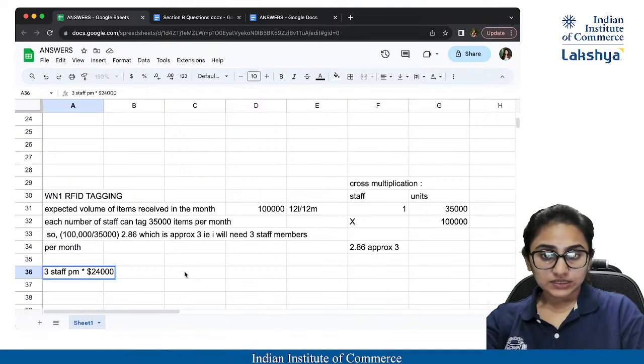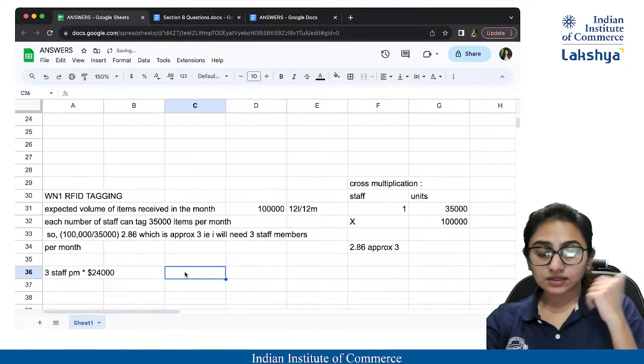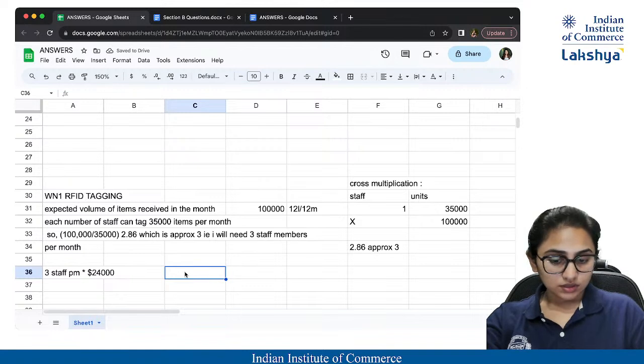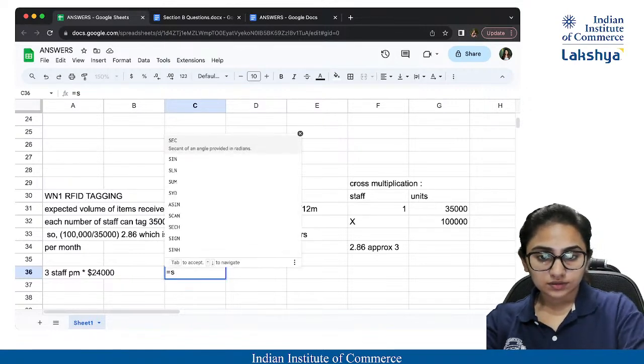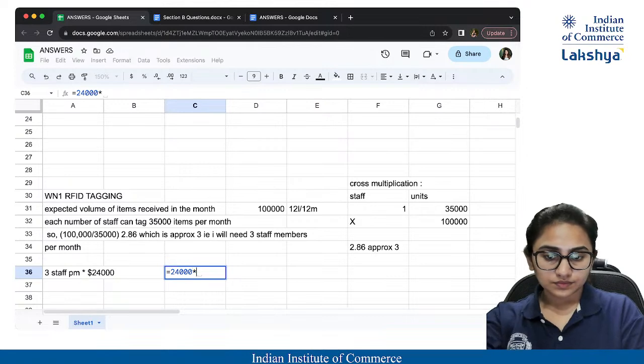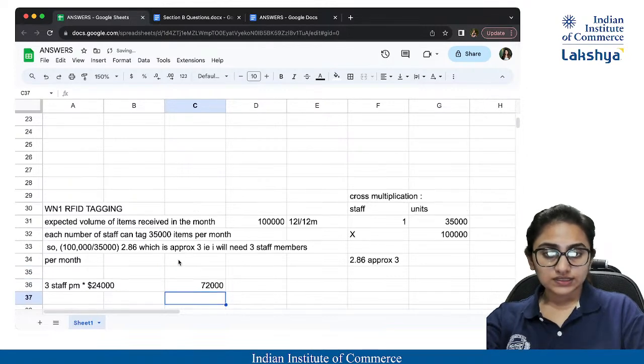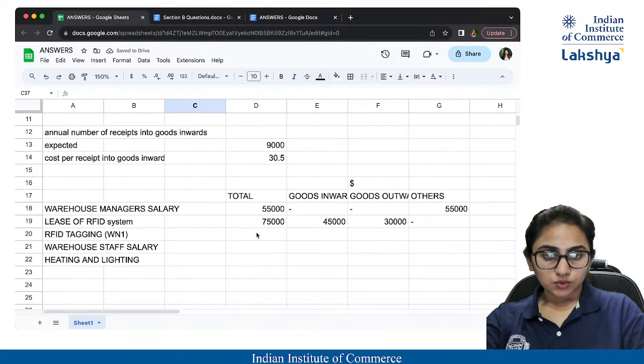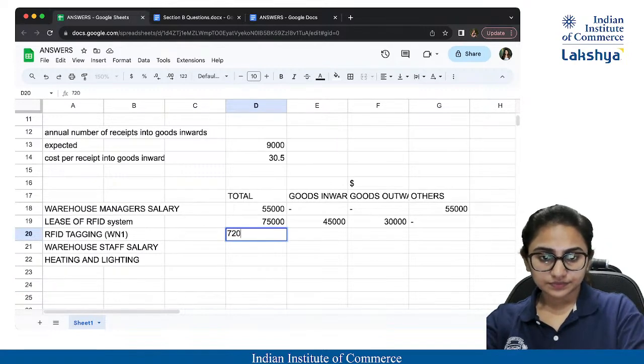So that means the RFID tagging salary will be how much? 24 into 3. That is 72. So go and write down there 72.